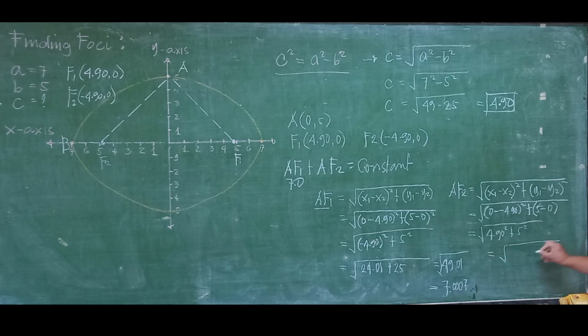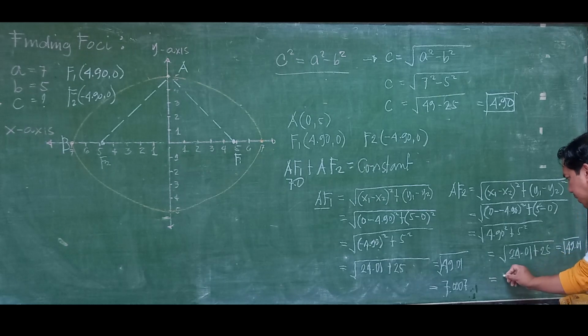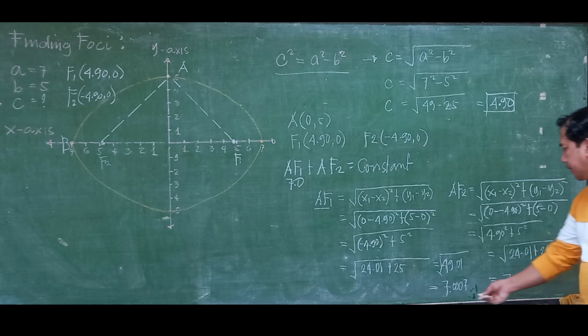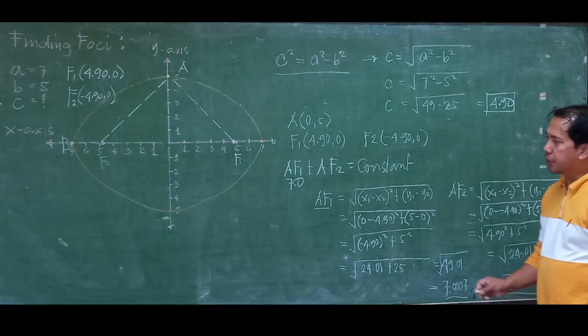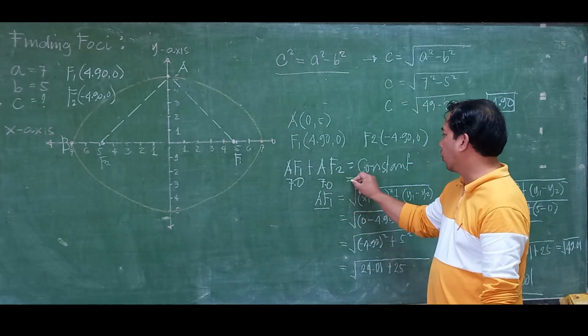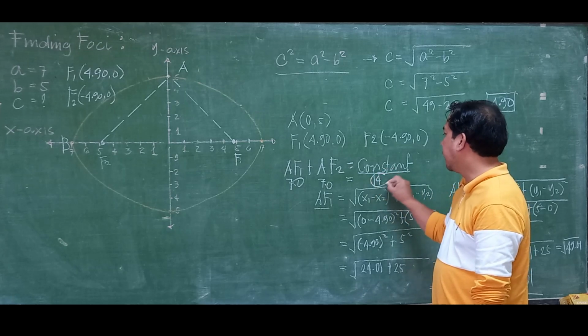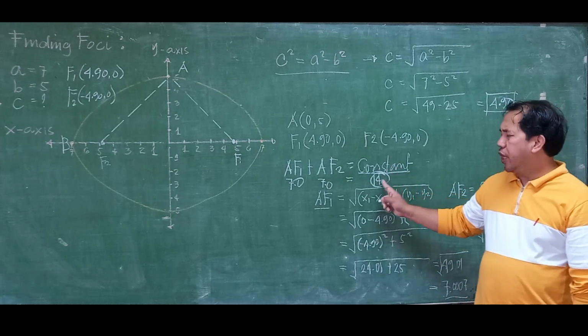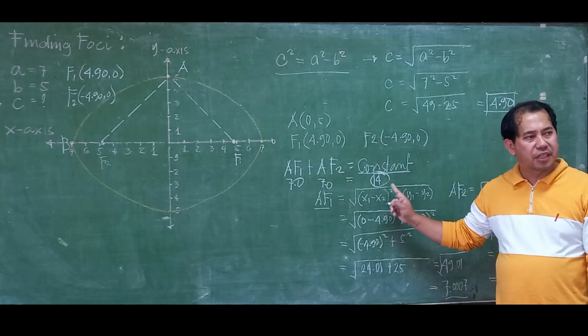The square root of 24.01 plus 25, and so that is the square root of 49.01. What is the square root? That is 7.0001, which when rounded off is 7.0. Now what is the result of the constant? 14. So meaning to say, we will say that this 14 is considered to be a constant.